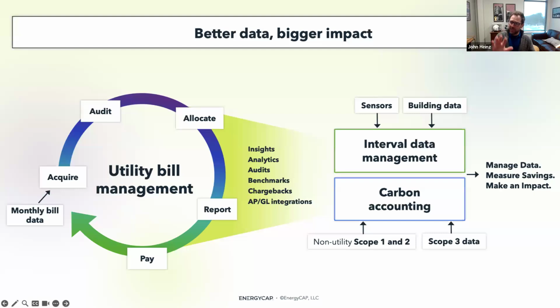If you have bill management done well, you can then focus and get more granular and get into deeper savings. Interval data analytics, understanding how your buildings or sites are performing in real time, so you can drill into deeper levels of savings. You can also monitor equipment and zones of the building.